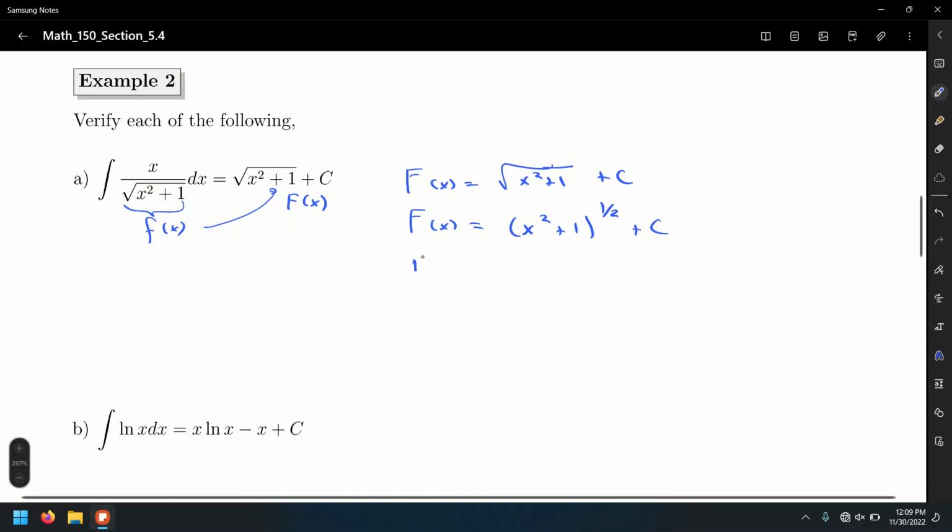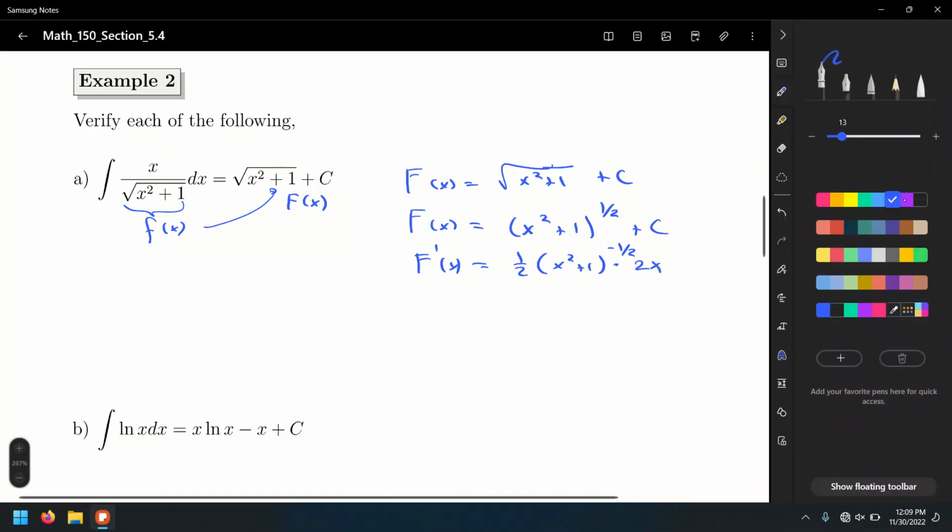And so big F prime is going to be 1/2 times x squared plus 1 to the negative 1/2, and the derivative of c, because c is just a constant. The derivative of a constant is 0, which doesn't show in the integrand if you notice here. But in this case, I need to do a mini chain rule. I need to differentiate the inside of the parentheses, and that's going to be a 2x.